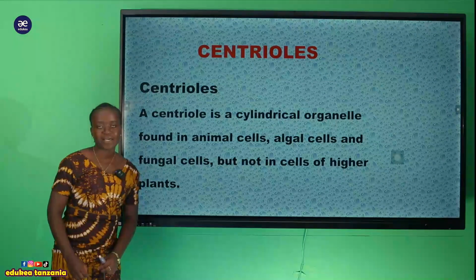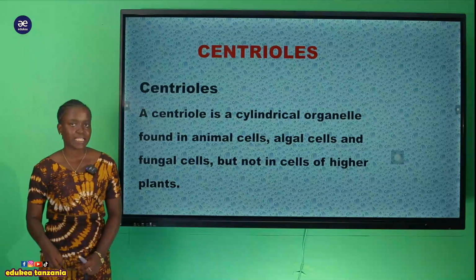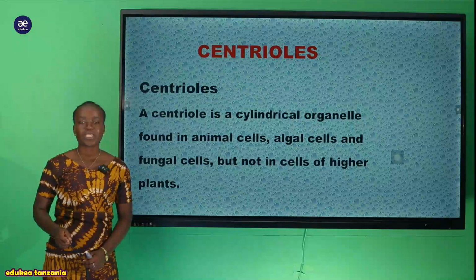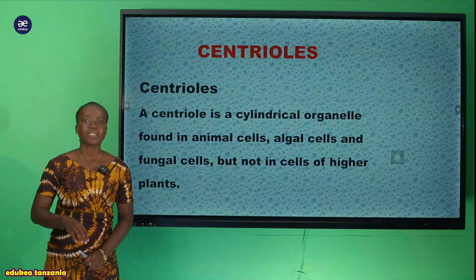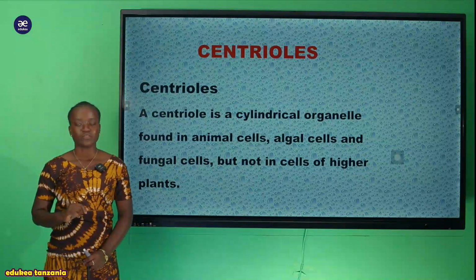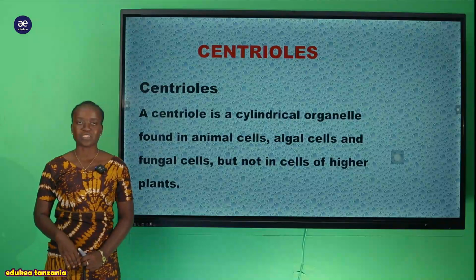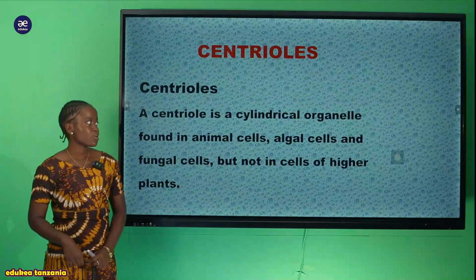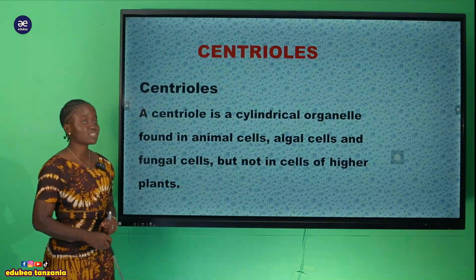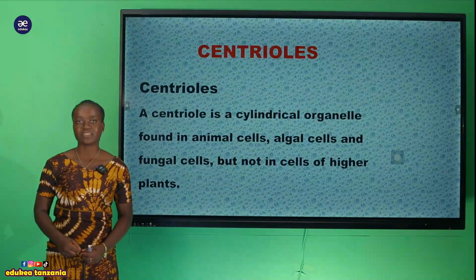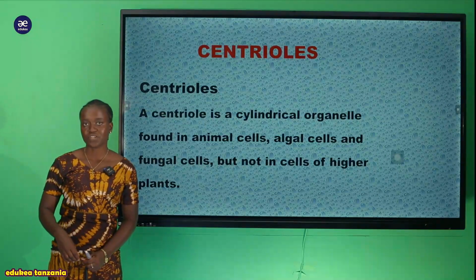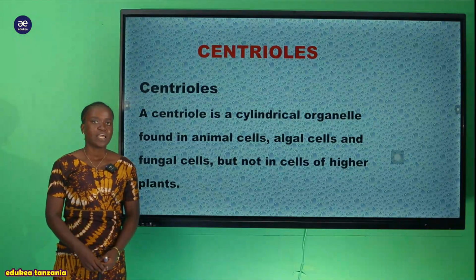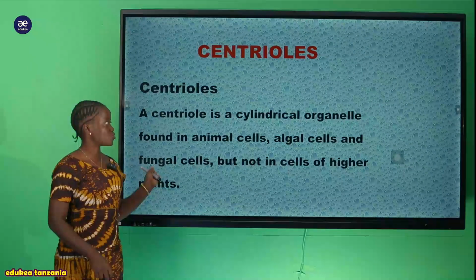So centriole inapatikana kwenye animal cell, pia inapatikana kwenye algal cells, kwa maana kwamba kwenye algae. Those are the plants which are found within the water. But also they are found within the fungi, for instance in the mushroom and so on. This is the centriole.